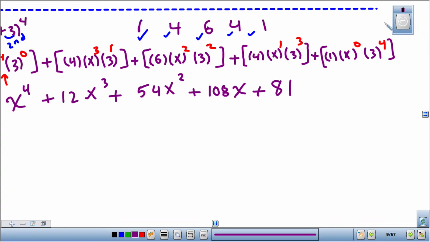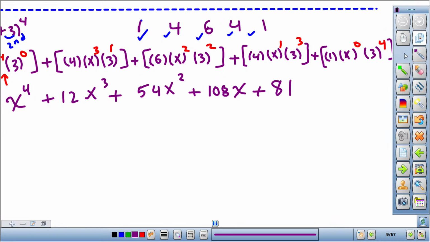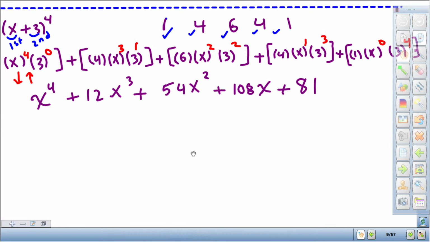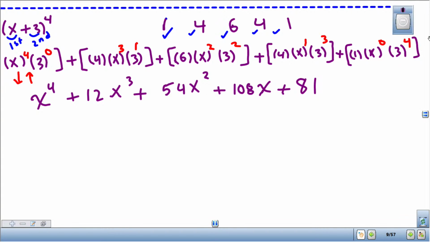So let me add a little bit to this by asking you, which might be a test question, what is the third term in this polynomial? What's the third term? That's very true.